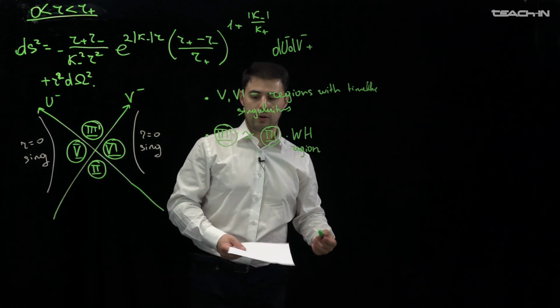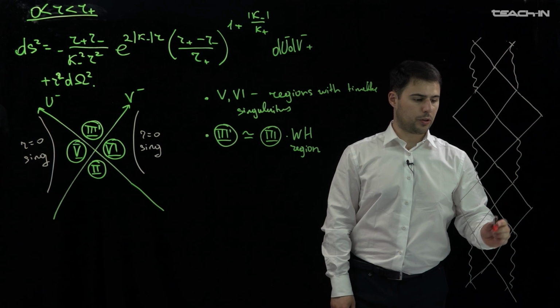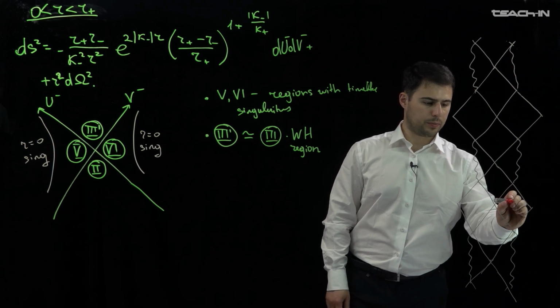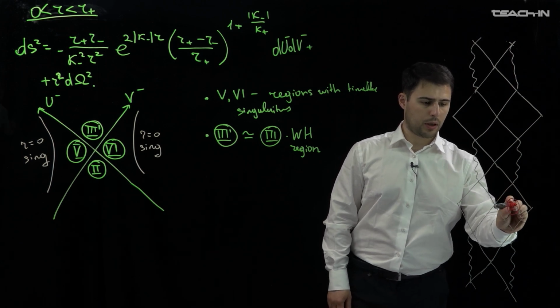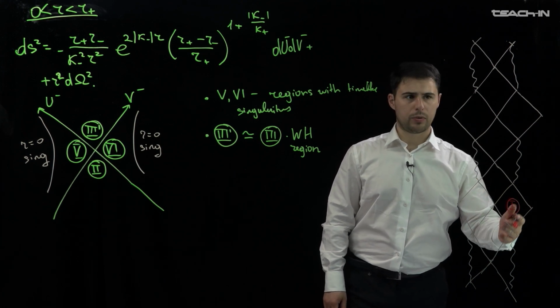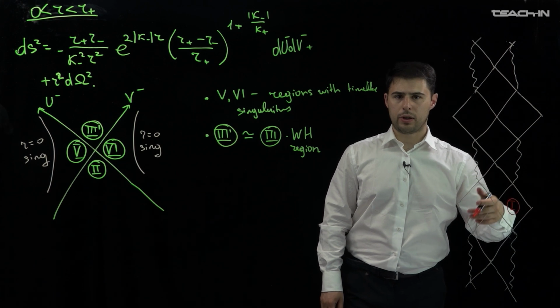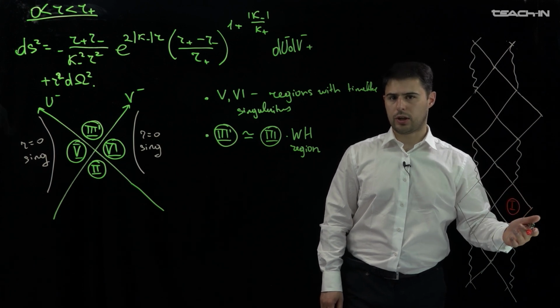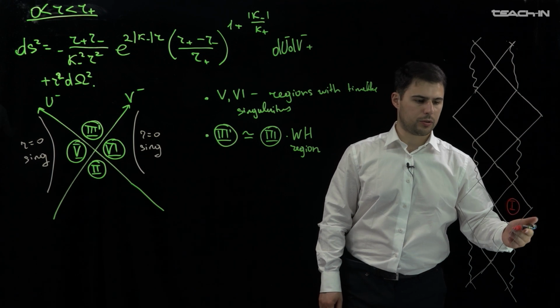Let us draw how it looks like. Okay, so we start with the exterior region 1. We know the Kruskal diagram of this part because it is given by the exterior Kruskal-like chart, by the u plus v plus coordinates.